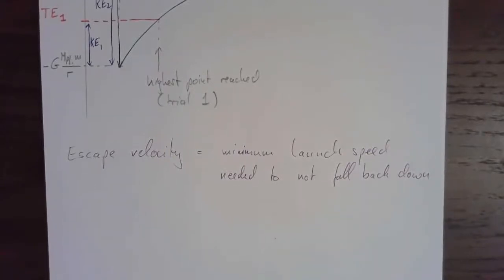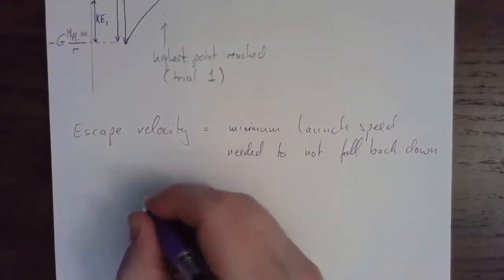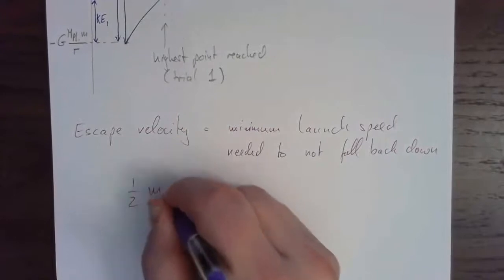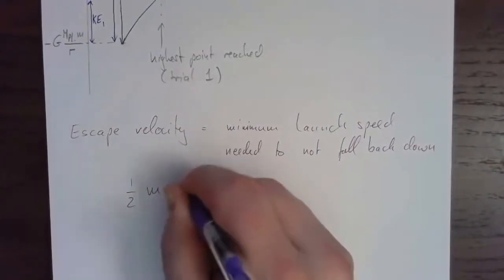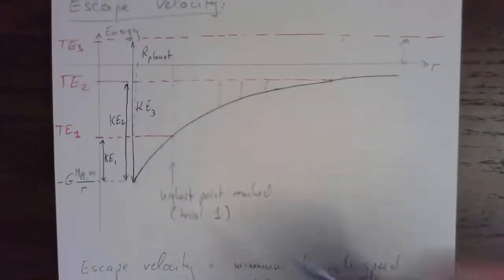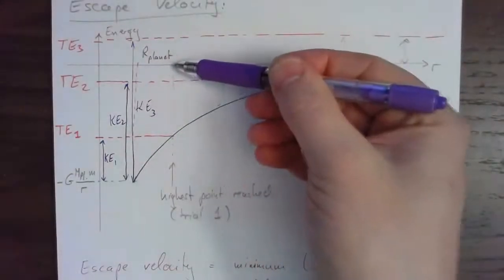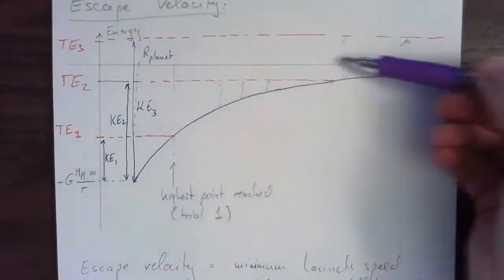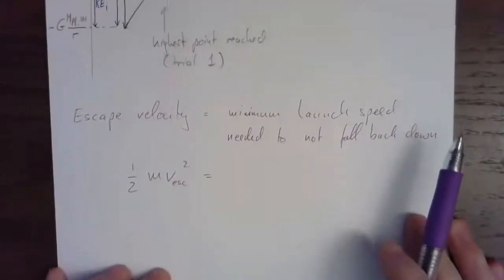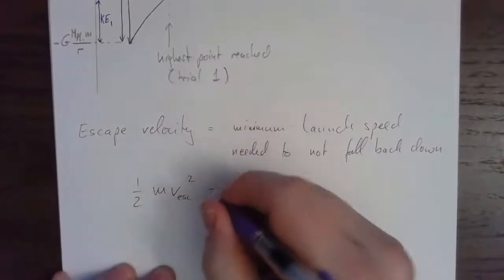Right? And so let's calculate it. So we're going to say, well, I have that 1/2 m v_escape squared. This is my initial kinetic energy. That better be enough to arrive at a total of at least 0. So I want a total of 0. Let me write it down like this actually.